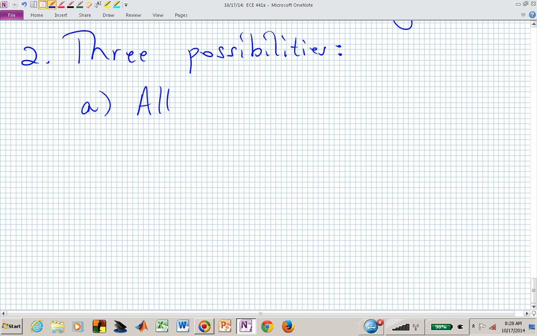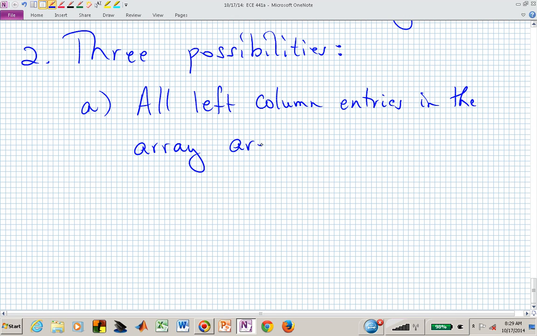But if all the left column entries in the array are non-zero, so now we've built up this Routh array, and we look at the left column, and we have all of those elements in the left column.